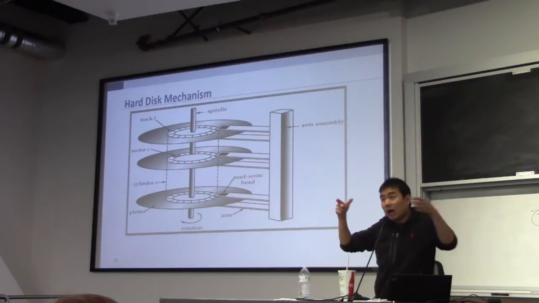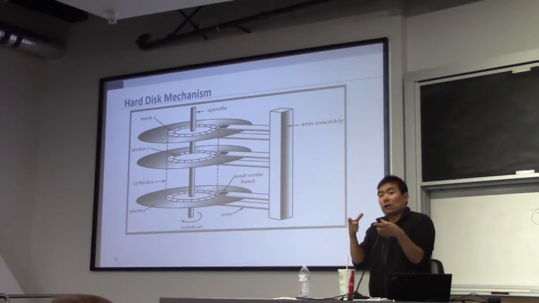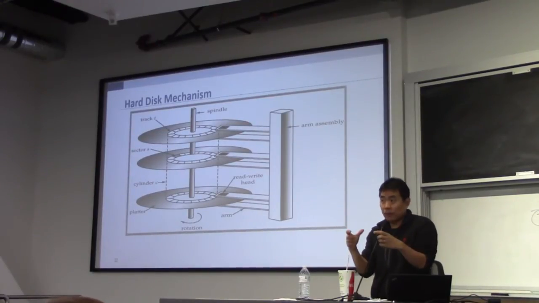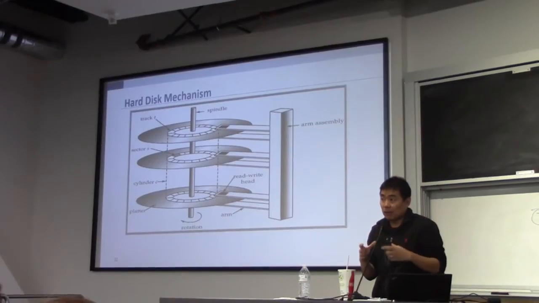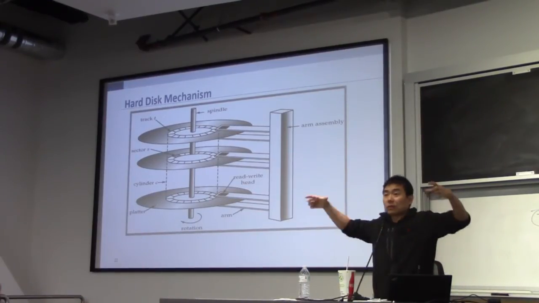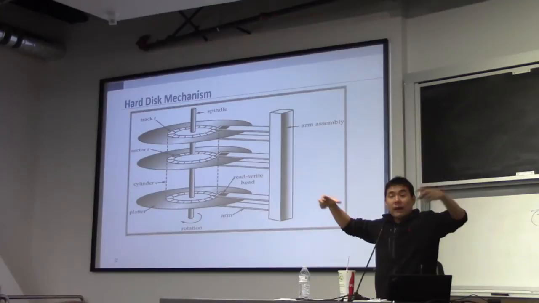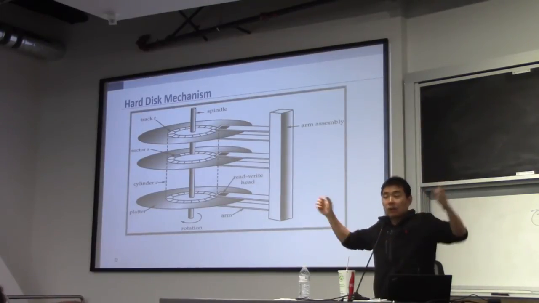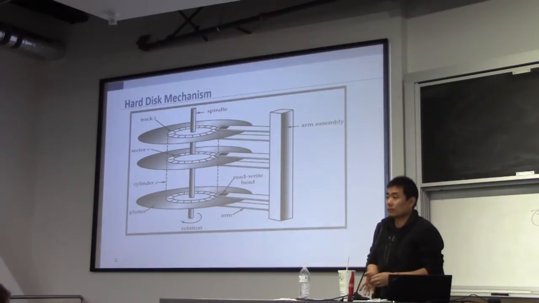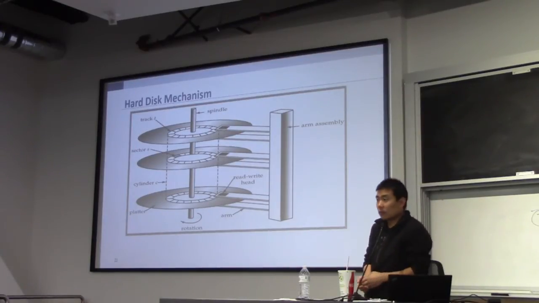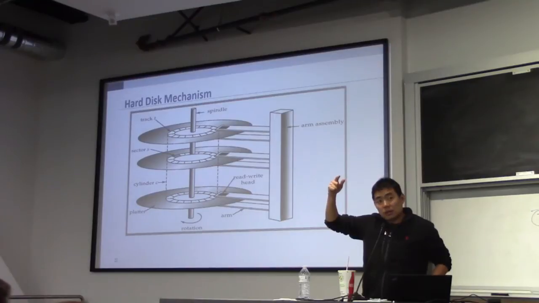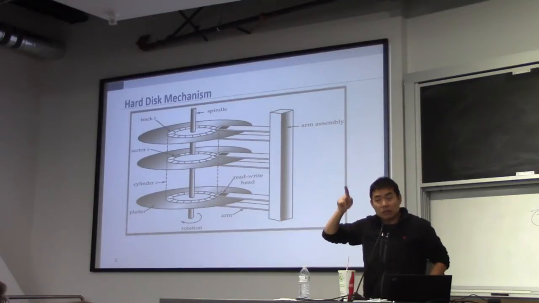So you may wonder why, when I run out of blocks from the same track, the next block refers to the next track of the same cylinder. Why not expand to the next track on the same surface? Why do I go down instead of going out? When you set the arm on one track, all these arms are set to the tracks on the same cylinder.